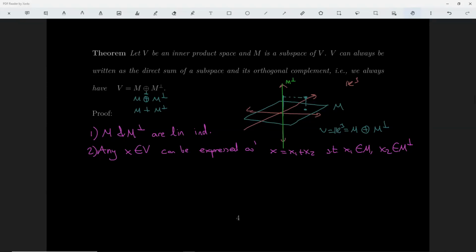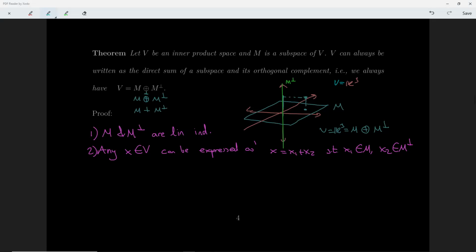Any questions? Maybe I can further emphasize here. In the previous lecture we said that here V is equal to R cube, right? And if M is given as a plane passing through the origin, then M perpendicular is going to be, let's say, the z-axis that is passing through the origin as well.